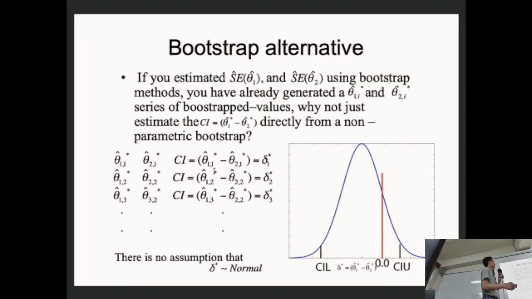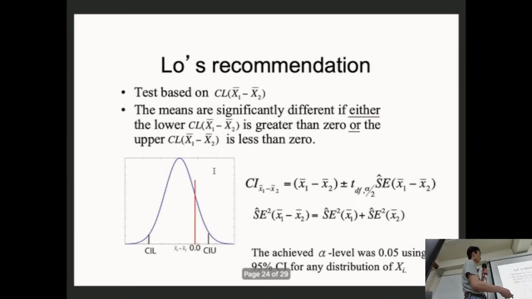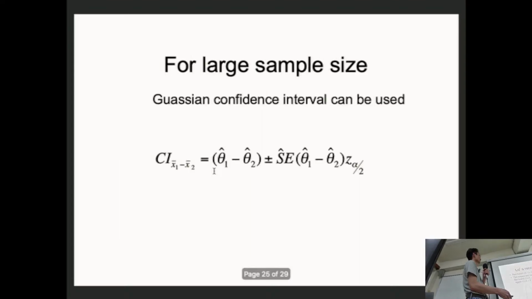All right, so what happens with the bootstrap? Now, we are able to estimate theta 1 hat and theta 2 hat, and also we can estimate the standard error of theta 1 hat and the standard error of theta 2 hat. Of course, you can say, I'm just going to use this formula to estimate the standard error of your difference in mean. That's possible.